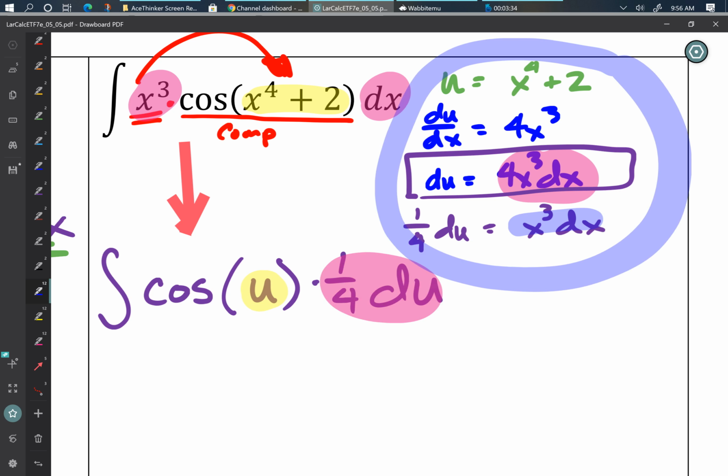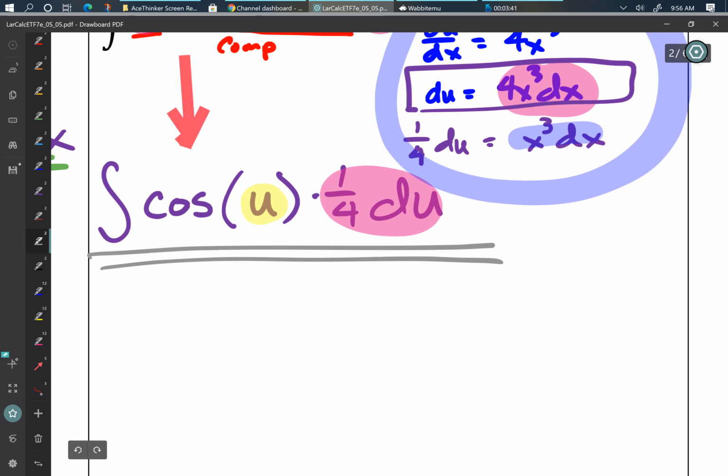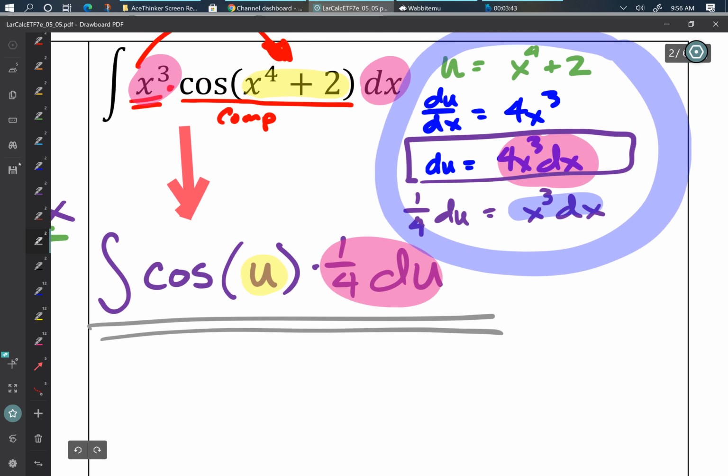Now, if I've done everything correctly, two things should have occurred with this integral. One, all of the original variables, x in this case, will be replaced with u's, so there are no extra x's floating around in my integrand. And two, I should now have something that I can relatively easily integrate.